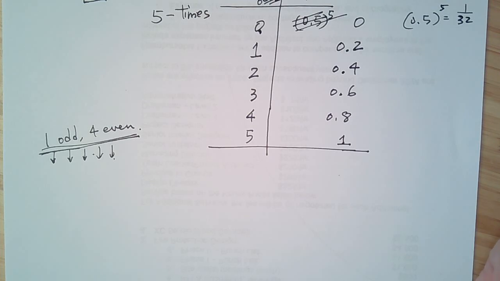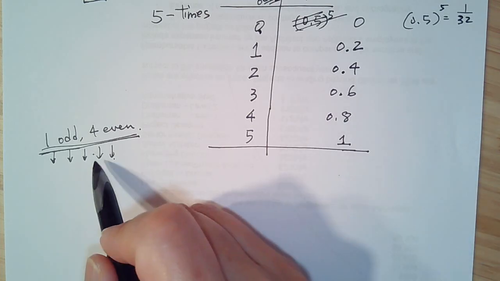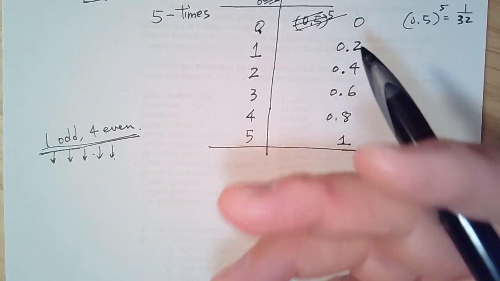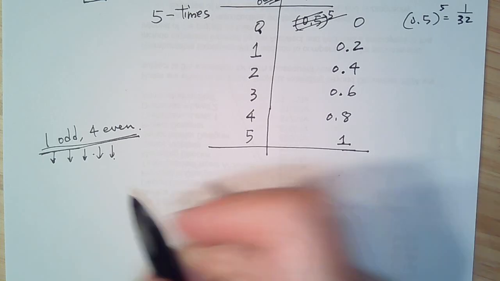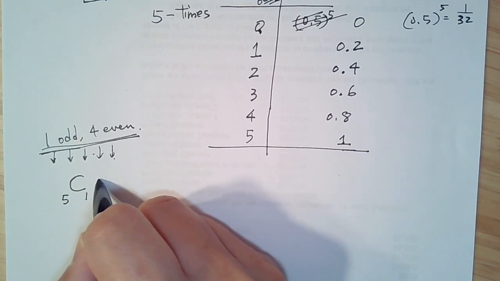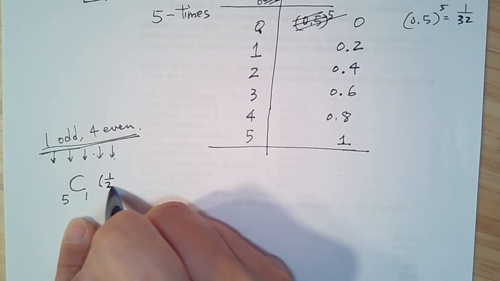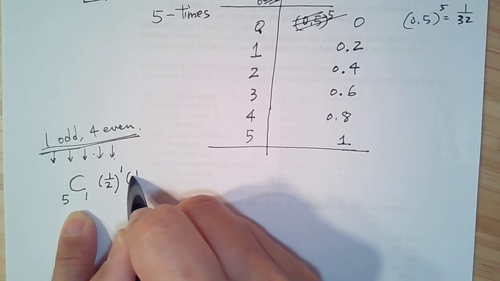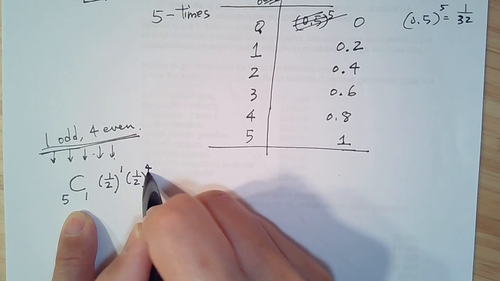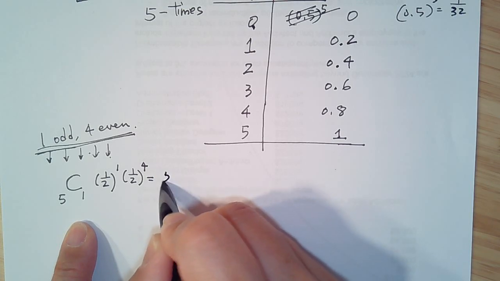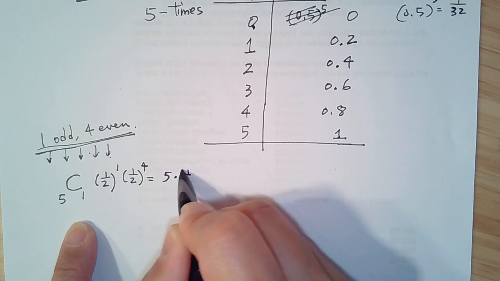Oh gosh, how do you do that? What is the probability that you roll a die 5 times, then you have only one odd? So that would be choose 1 out of 5, and it's going to be 1/2, which is the odd, to the first, and then 1/2 to the fourth, right? 5 minus 1, and a C of that, which would be 5 times 1/2 to the fifth.